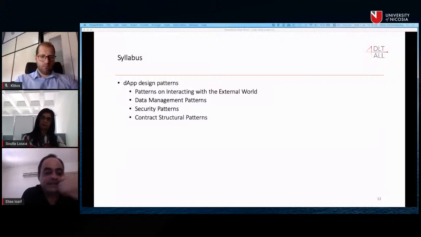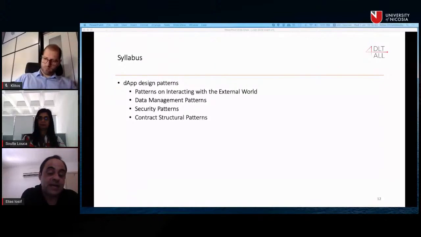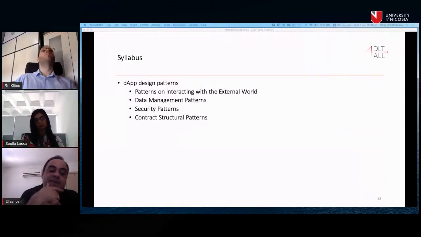The way to do this is to have a short, in terms of bytes, summary of the data that uniquely characterizes the data of interest stored in the blockchain, and then having the actual data in a different system relying on things like IPFS. And this is how this relates with the communication with the external world.